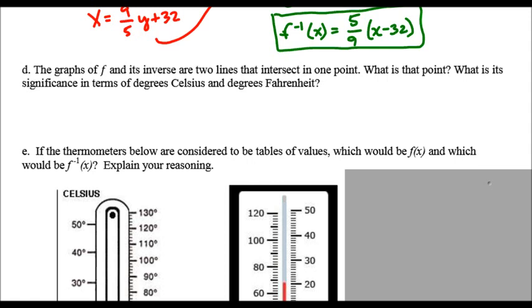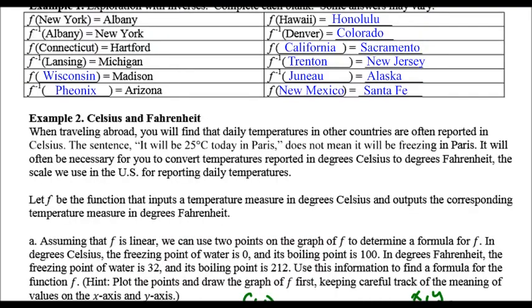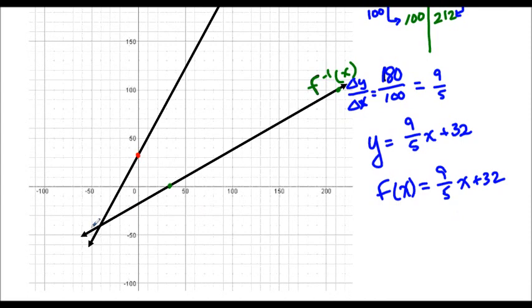Okay, so hopefully you took time to work those out. It says they intersect at one point. What point? Well, let's look back at that graph and see where they intersect. And right here, it looks like around -40 in the x. That's the same as -40 in the y on both graphs. So, meaning what?